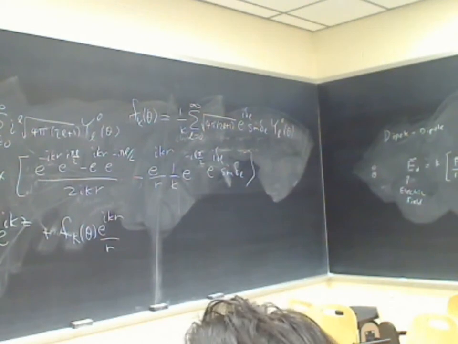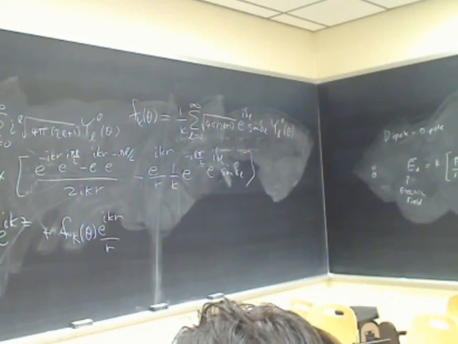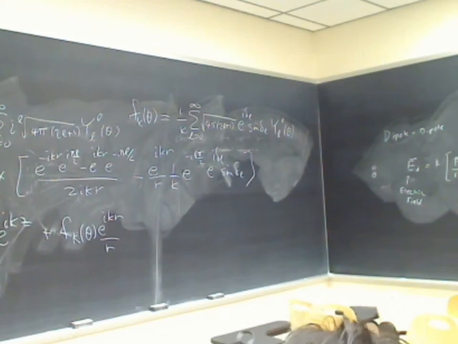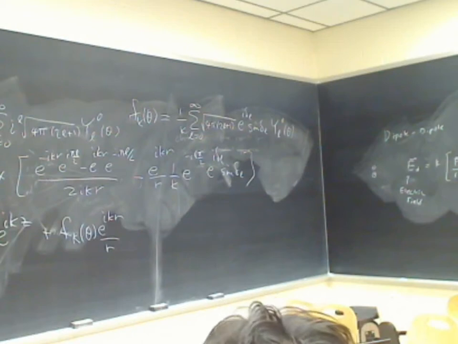Okay, now we can do two things. We can calculate, first of all, the absolute value squared of that, which is the differential scattering cross-section. And we can integrate that over 4 pi steradians, and we get the total cross-section.